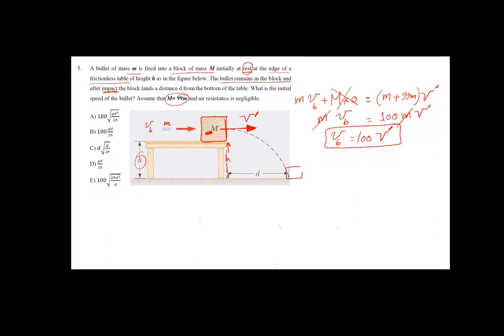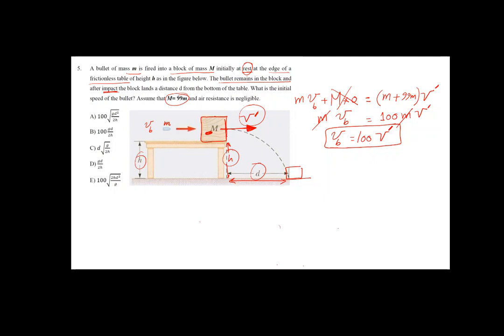Then it will reach the ground here. It made a horizontal distance d and vertical distance h. We need a relation between the initial speed and the h and the d.